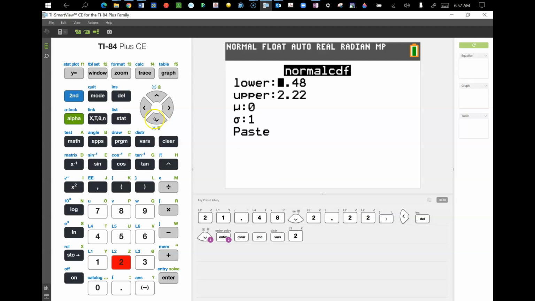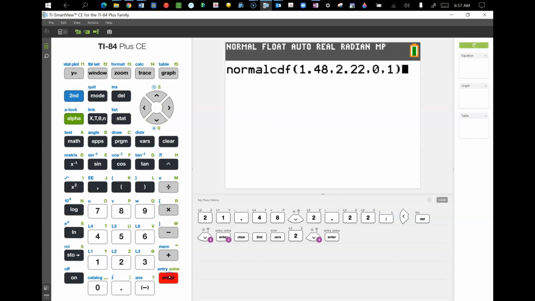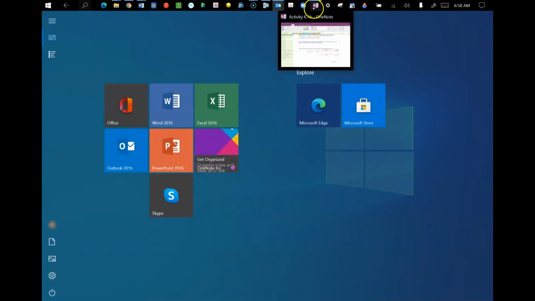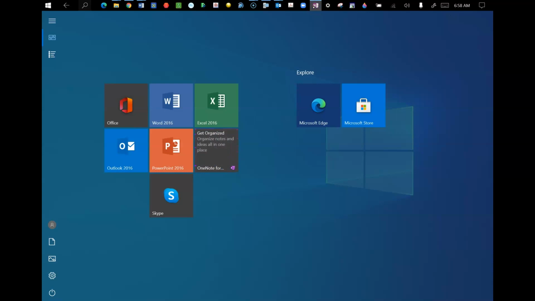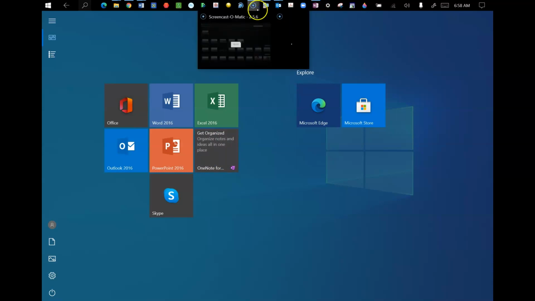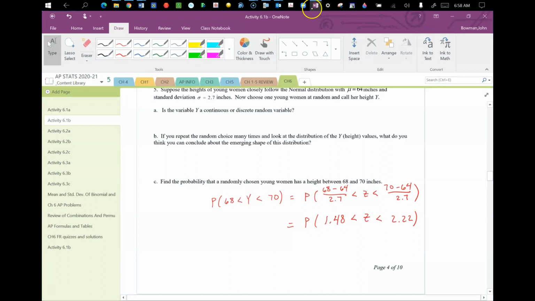We select our lower bound and enter that value, which is 1.48. Our upper bound, 2.22. When we've converted to a z-score using a standard normal distribution, the mean is always 0 and the standard deviation is 1. We select paste, and then we hit enter, and this tells us that the area under the normal curve between those two values is 0.056.